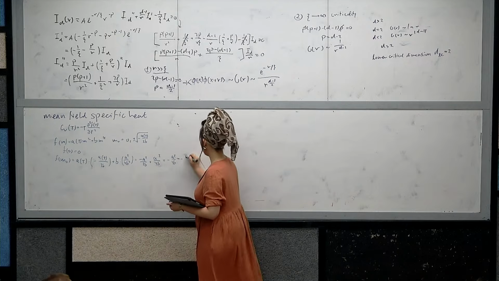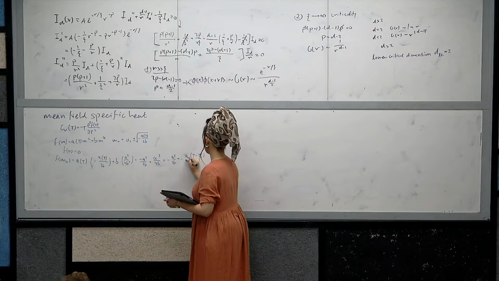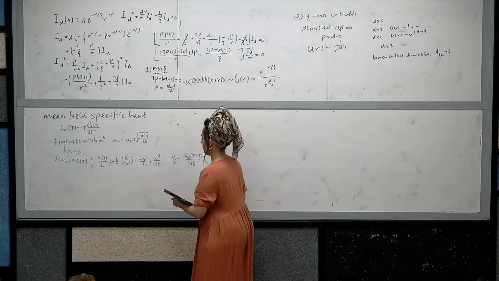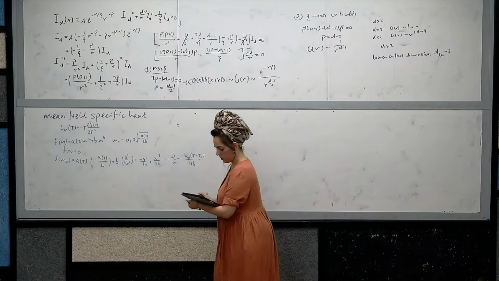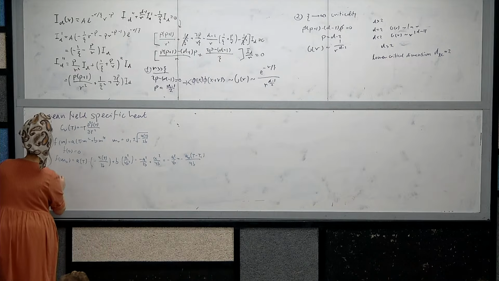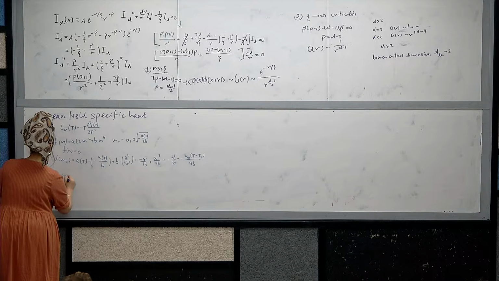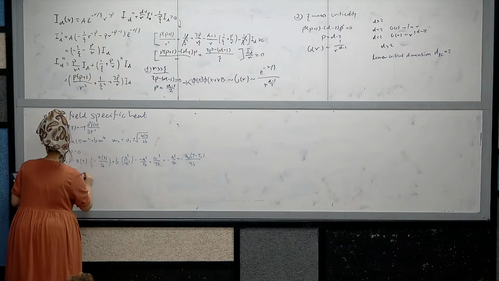And A is A0 times T minus TC. So this is the free energy. And now we can calculate the specific heat of the saddle point.